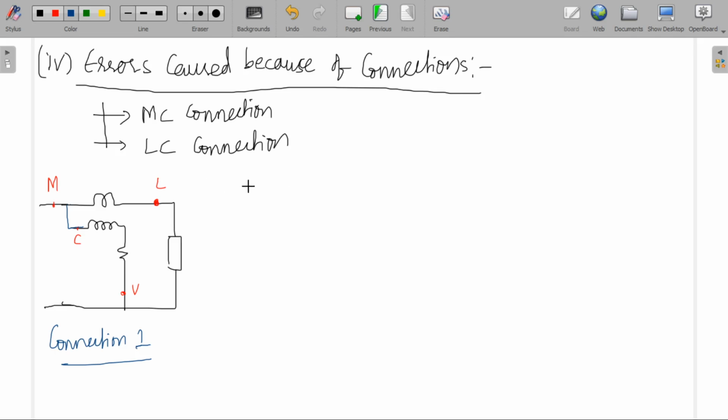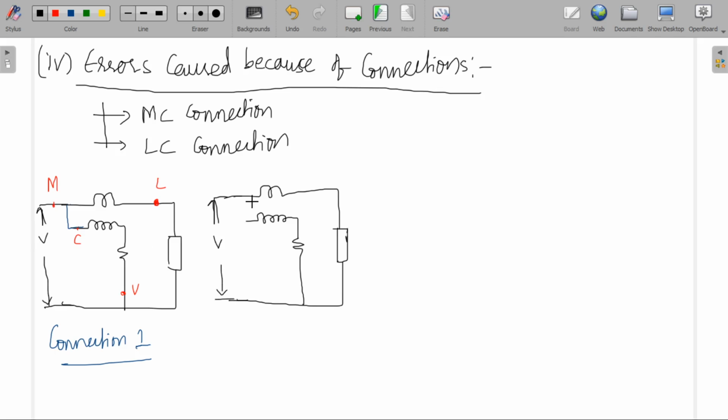Coming to the LC connection, the current coil is in series with the load. Now the pressure coil and resistance are in series with this. Let V be the voltage applied across this circuit, right?